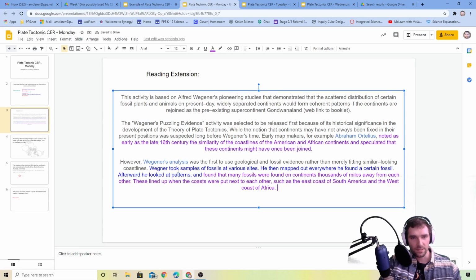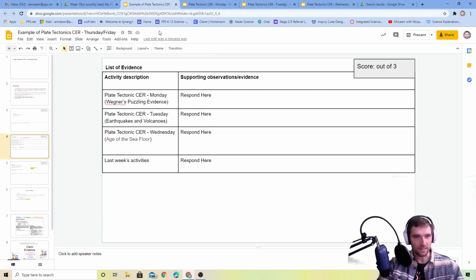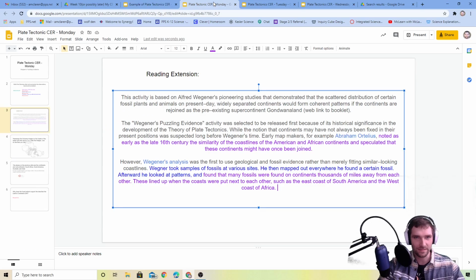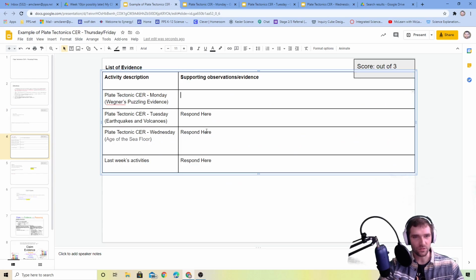I'm probably going to add this into the actual thing. So this information is basically what we're taking and putting into the CER here. So you could honestly, not exactly copy and paste this, but put it in your own words. But this is basically what we said. So we could say that Wegener's analysis is our source here.